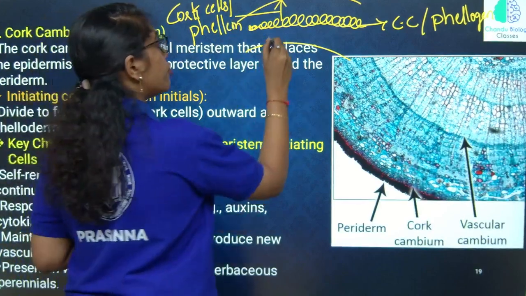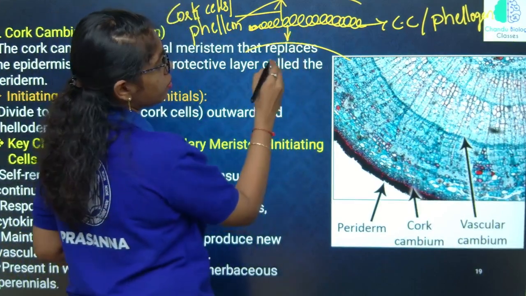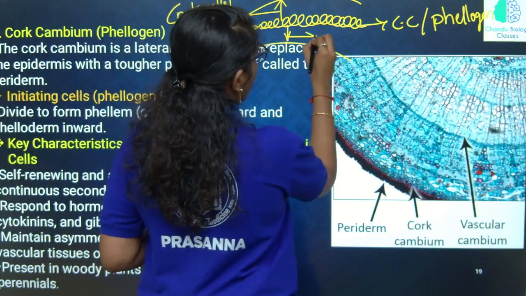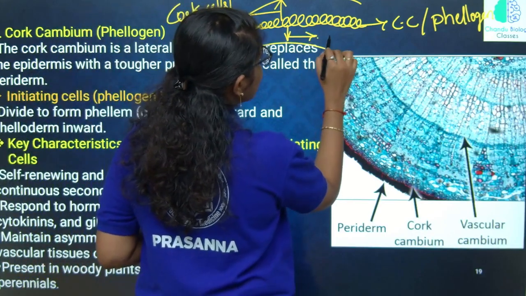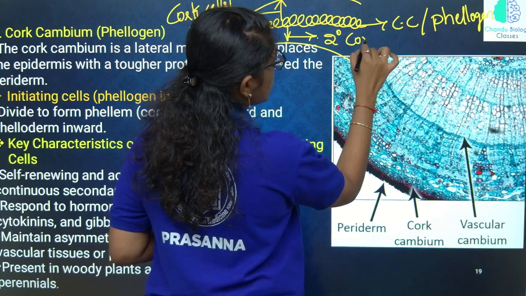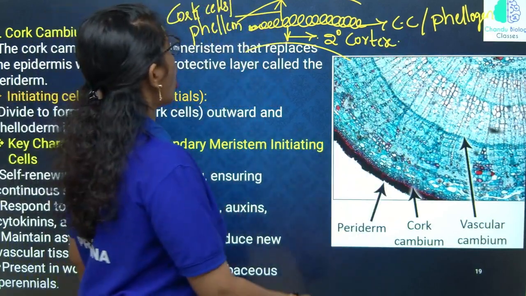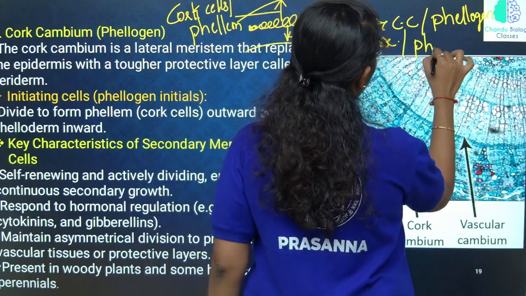Those new cells formed towards the endodermis are called secondary cortex cells or phelloderm.